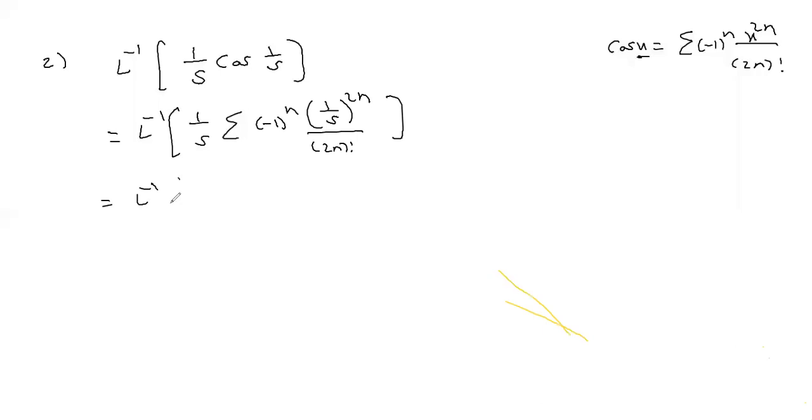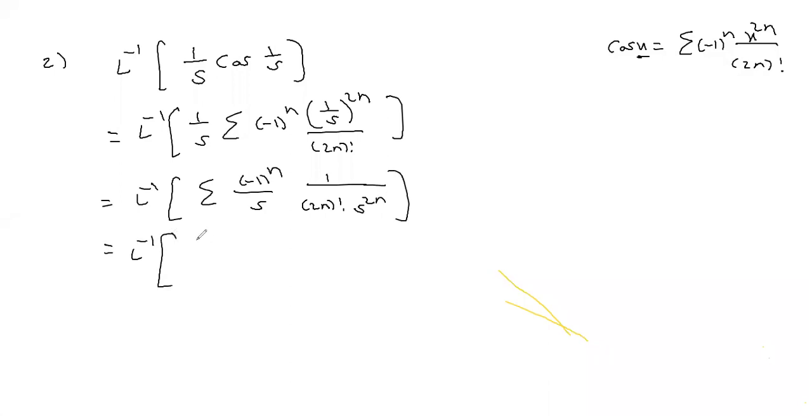L inverse of summation of minus 1 whole power n by 2n factorial into 1 by s power 2n, which comes to the denominator s power 2n. So can I write this as L inverse of summation of minus 1 whole power n by 2n factorial into 1 by s power 2n plus 1? I just simplified this.